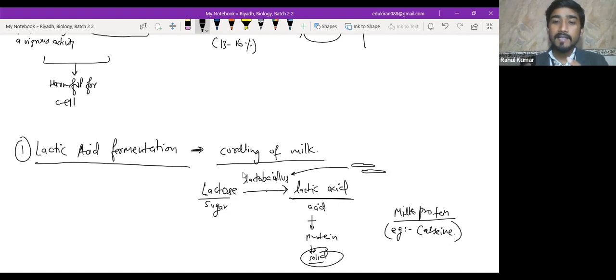So this lactic acid will start reacting with all the protein present in the milk and start solidifying. All this protein clumps together, and the white liquid becomes a white solid, like a gel-like substance, which is called curd. Is it clear, everyone?